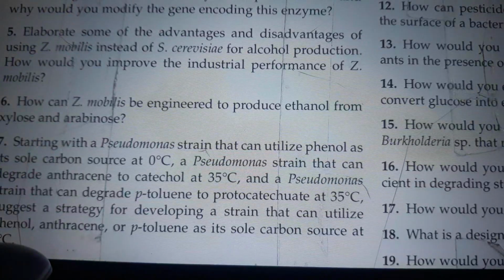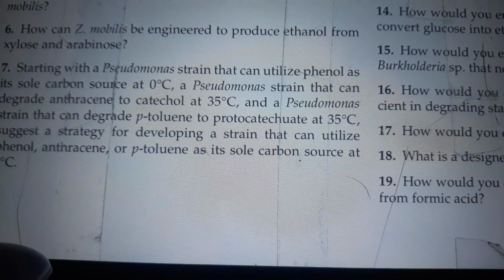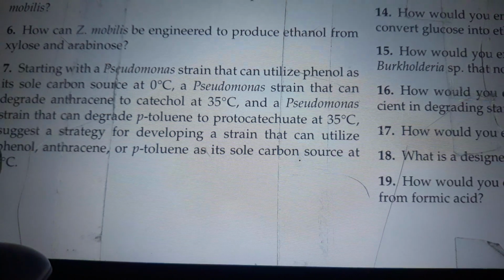5. Elaborate some of the advantages and disadvantages of using Z. mobilis instead of Escherichia coli for alcohol production. How would you improve the industrial performance of Z. mobilis? 6. How can Z. mobilis be engineered to produce ethanol from xylose and arabinose? 7.